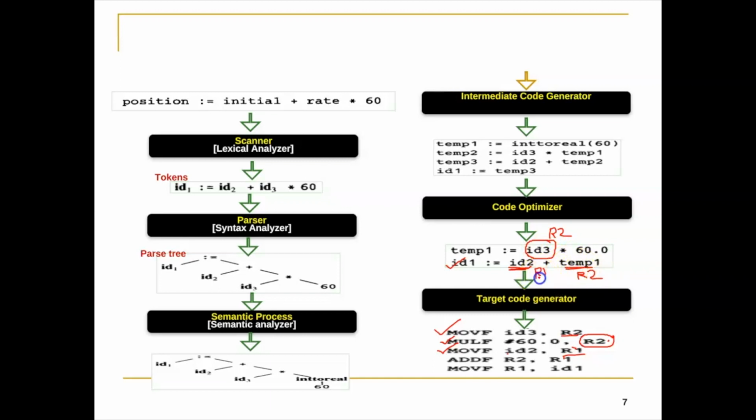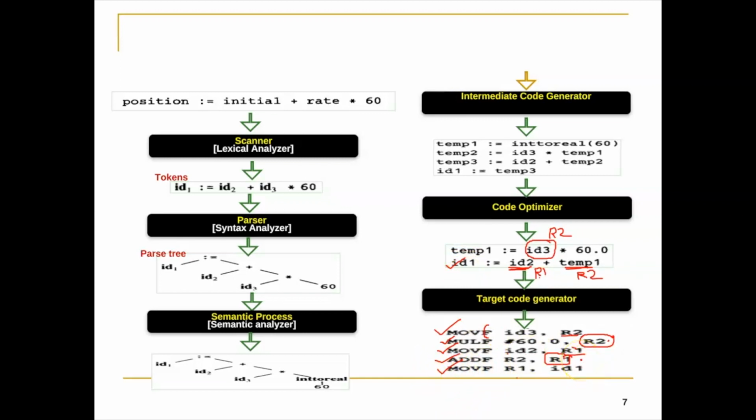Now our operands are in register R1 and register R2, so we can perform an addition like ADDF. This F indicates a floating point operation, no need to worry about that. ADDF R2, R1: this id2 and this temp1 will get added, and the result will be stored in R1. And now we need to store this result R1 to our variable id1, and that happened in this last statement, MOVF R1, id1.